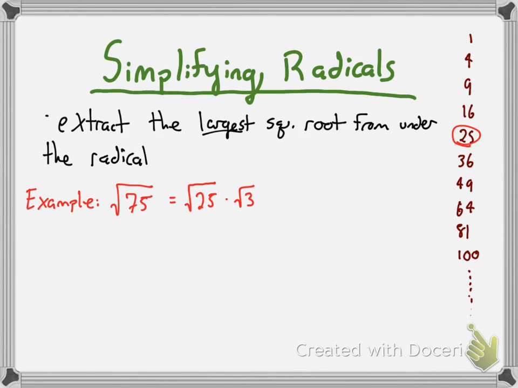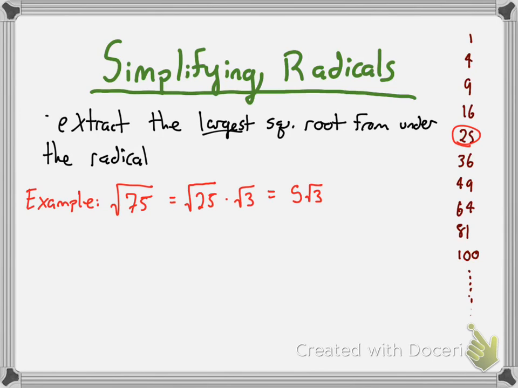Since 25 is a perfect square, the square root of 25 is just 5. So this is equal to 5 times the square root of 3.